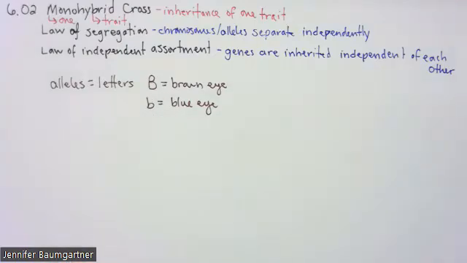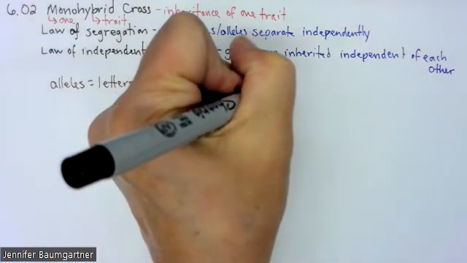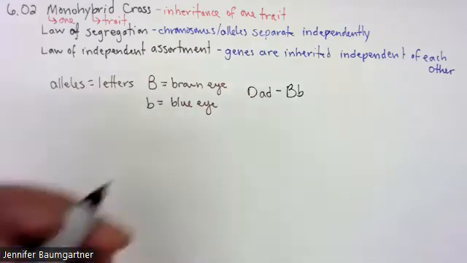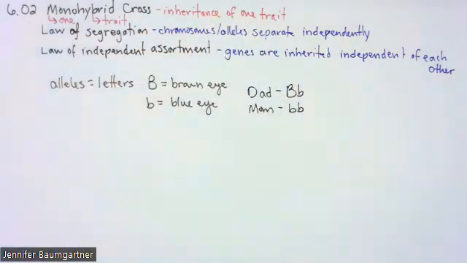We're going to say he's Bb. So father is heterozygous. And if mom has blue eyes, what does her genotype have to be? Two lowercase b. So that's the only way you can have blue eyes.